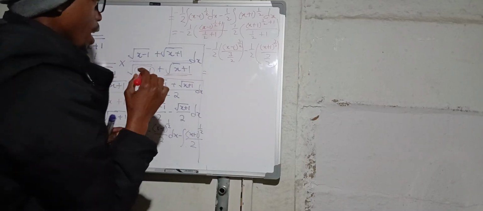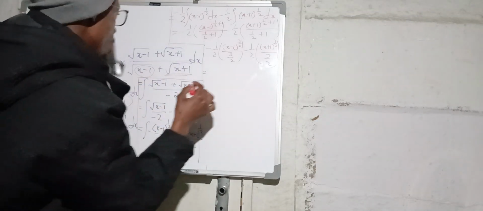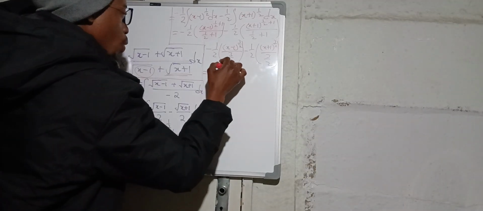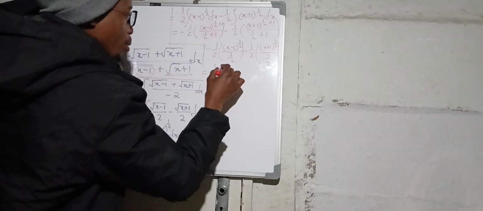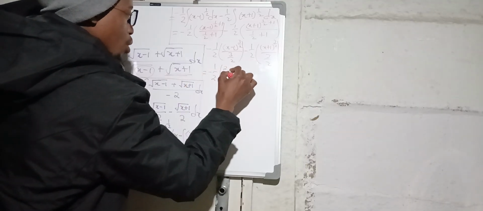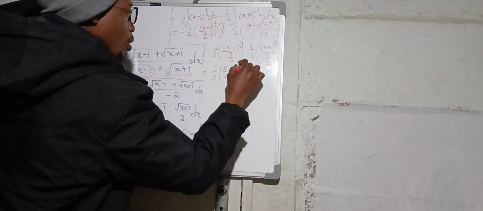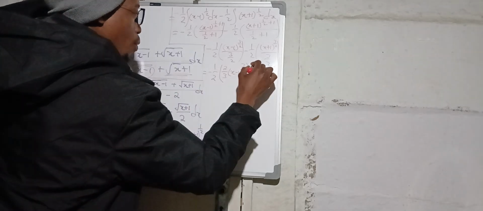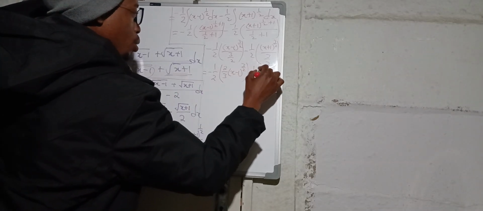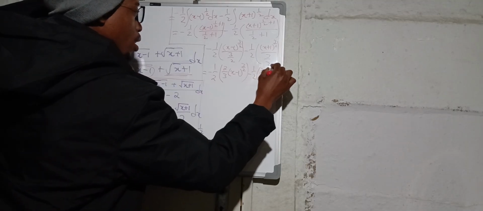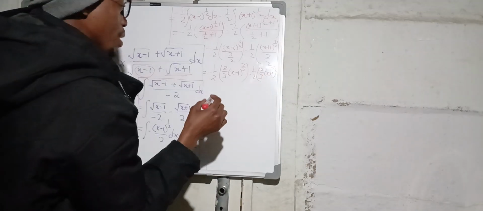Again, now let's look at the beauty of mathematics. I have minus 1 over 2. Here, it should be 2 over 3 into (x minus 1) to the power of 3 over 2. I'm closing that. The same is true here. 1 over 2, 2 over 3, (x plus 1) to the power of 3 over 2. I hope this is visible.